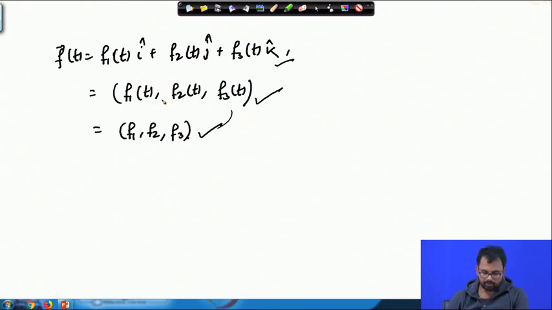In a function of a scalar variable, or in scalar functions, we learnt about limits, but we also learnt about their epsilon delta definition.